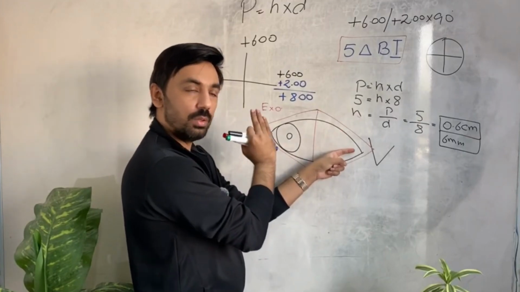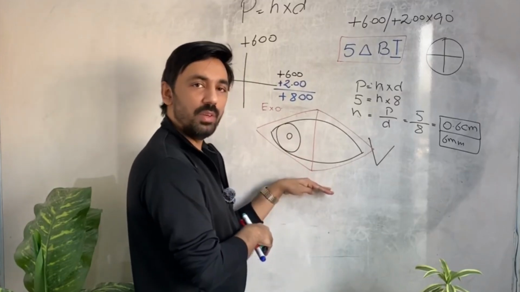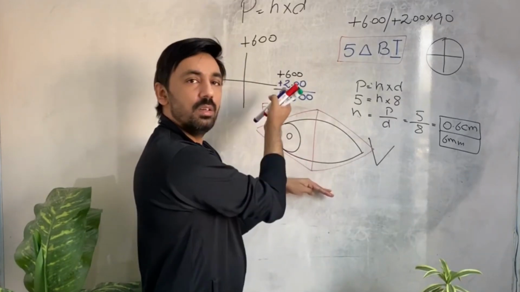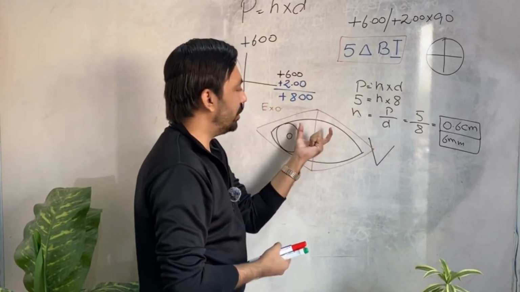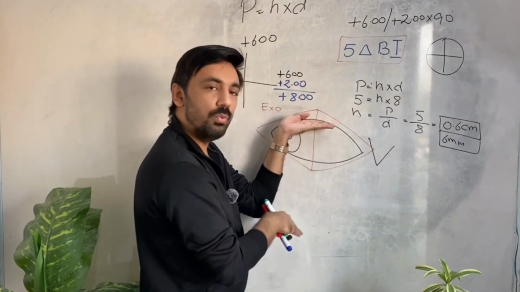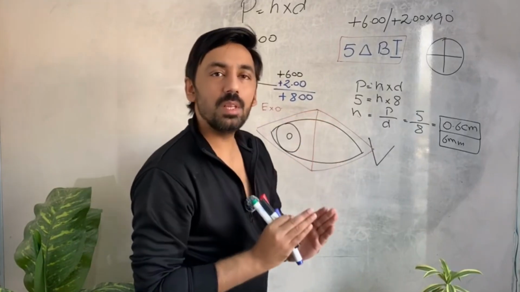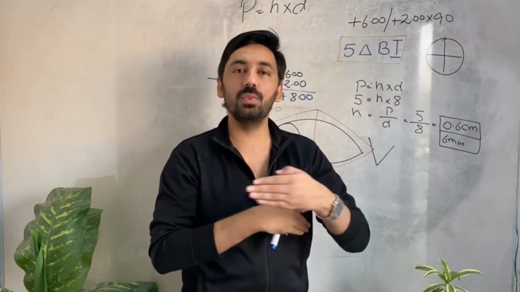This is the real concept. If the deviation is downward, hypodeviation, the plus spherical lens will decenter upward. If the deviation of the eye is hyper, the plus spherical lens will move downward. It means the plus spherical lens will always move in the opposite direction of the deviation.